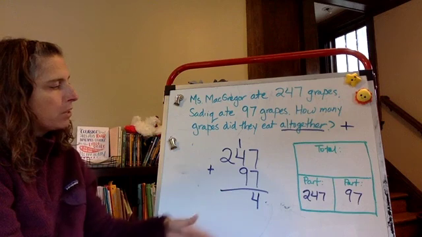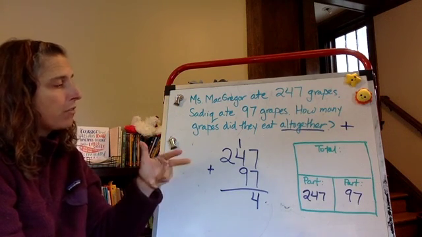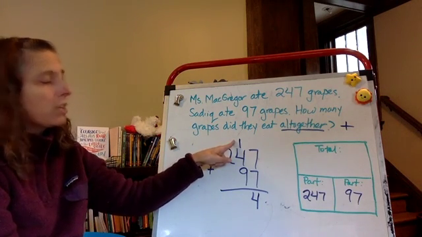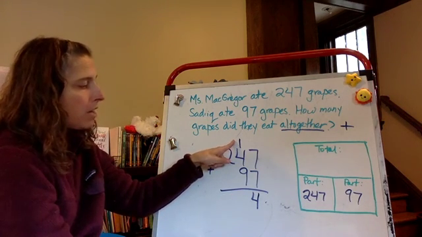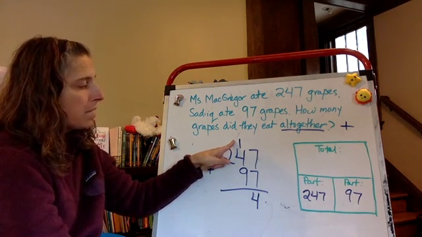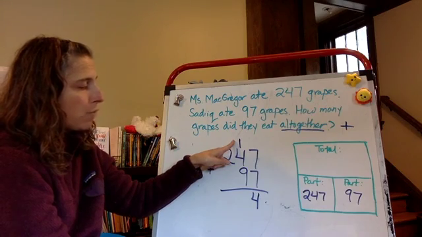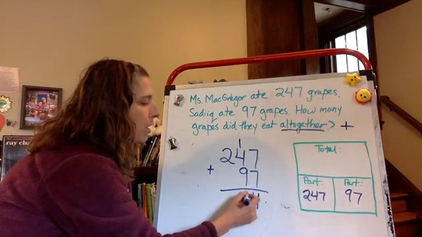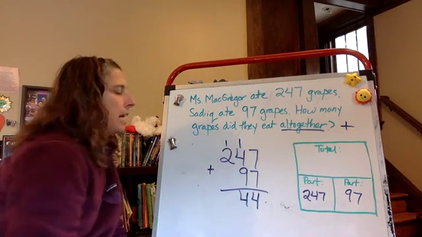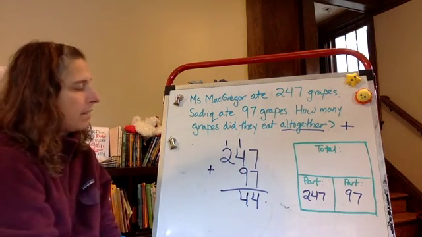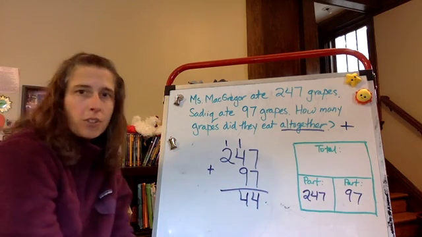So I'm going to go 9 plus 4, 9, 10, 11, 12, 13, plus another one is 14. Now, I can't fit two numbers in that column right there, so I'm going to do the same thing here with my 14, because I got 14 again. So I'm going to put the 4 from right here in the tens, and then I'm going to carry that one set of tens. I'm going to move it over into the hundreds place.